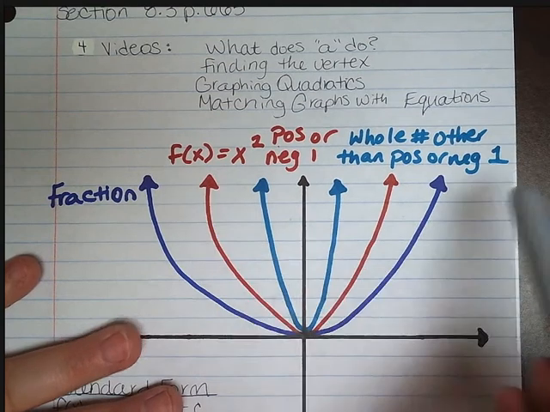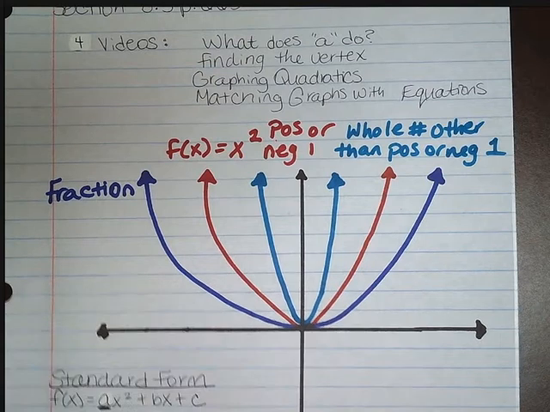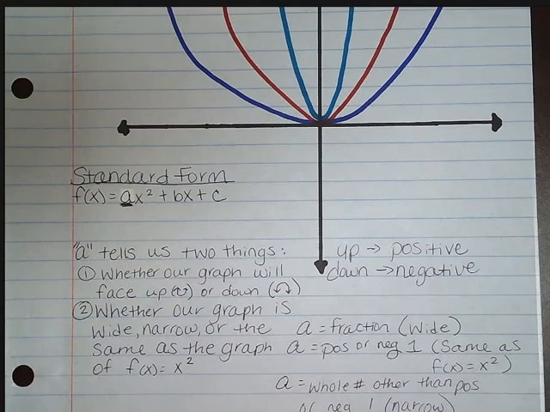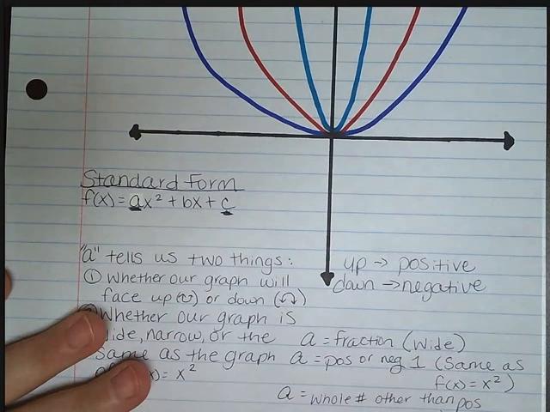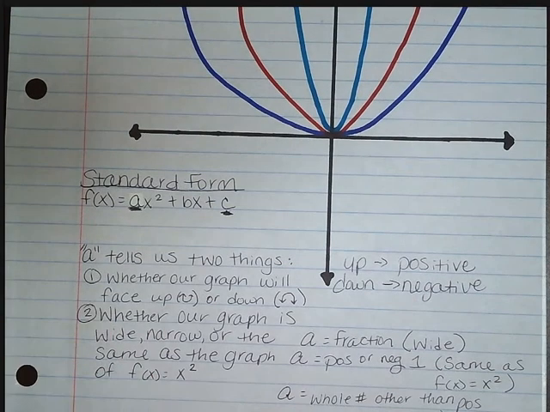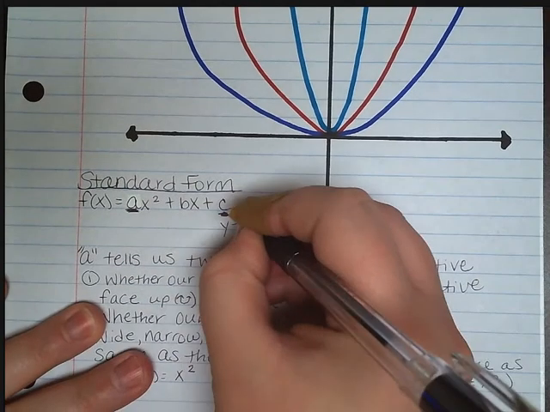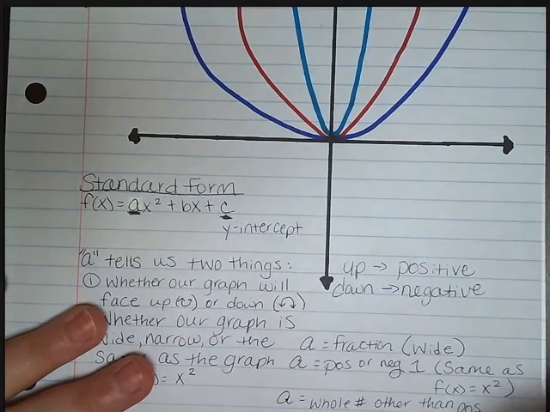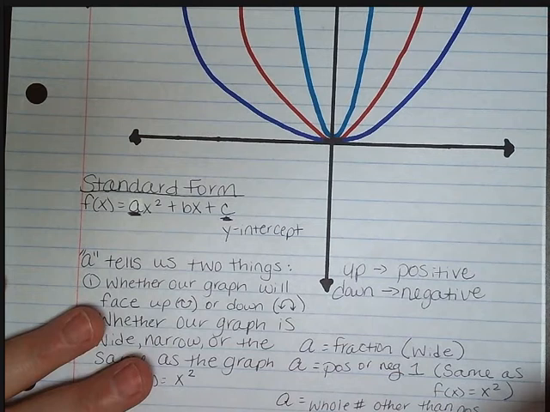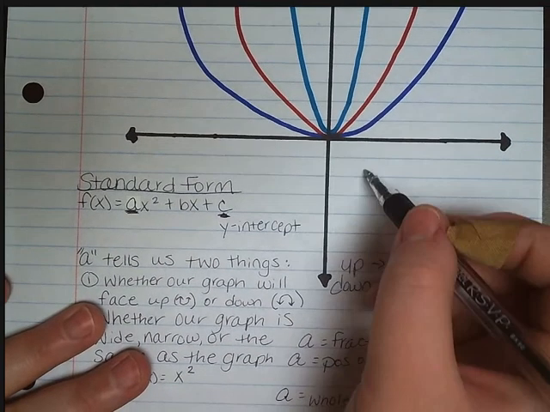Okay? So one other thing that I wanted to point out is that your C value right here, I am so sorry, your C value is your Y-intercept. Your Y-intercept is where your graph is going to cross over that y-axis.